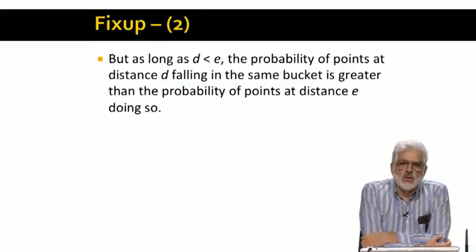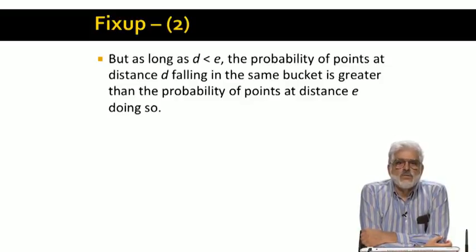But we were being overly pessimistic. In fact, as long as d is less than e, we know that points at distance d have a better chance of falling into the same bucket than do points at a larger distance e.